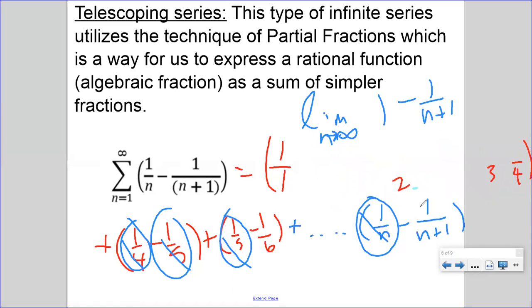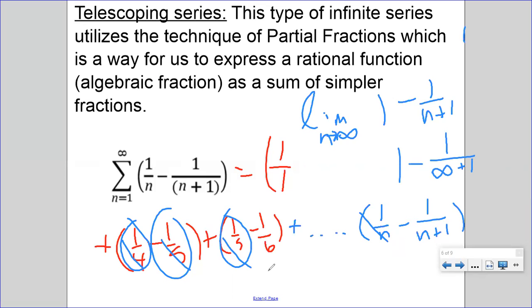What would we get? What happens if I put 1 over infinity plus 1? What does that simplify down to? No, we don't know what 1 minus infinity plus 1 is. So 1 minus 1 over infinity plus 1.